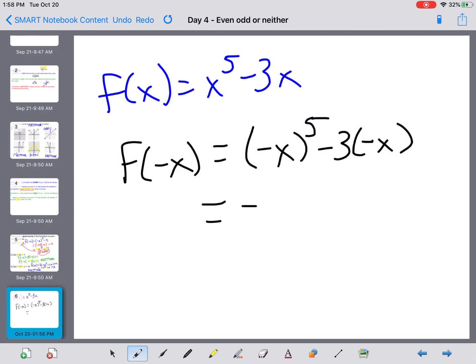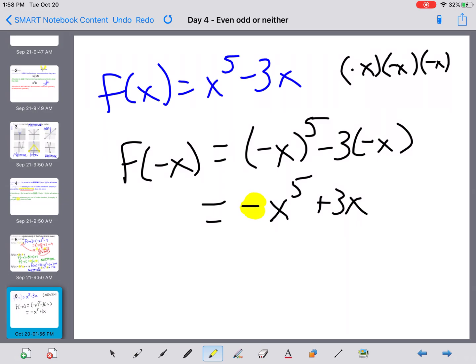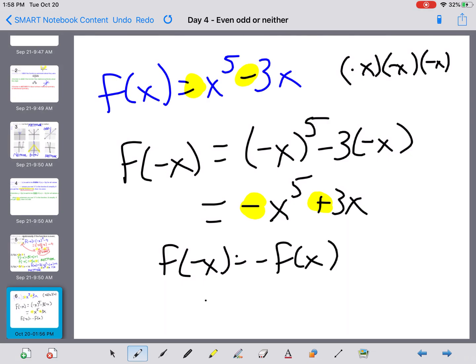So we're going to end up with negative x to the 5th like so. If you wanted to write it out as negative x times negative x times negative x and so on, you can see that. And then this is going to be positive 3x. So looking at the signs, we have opposite for the first one, so we should know it's not even. And then we have opposites for the second one, so everything is opposite. So this is really f of negative x is equal to negative f of x. So that means that this is an odd function.